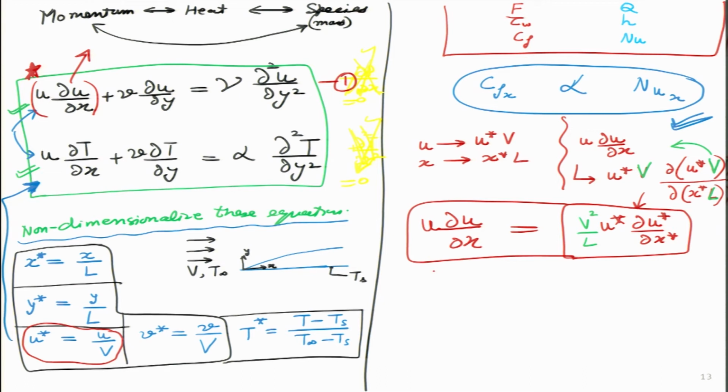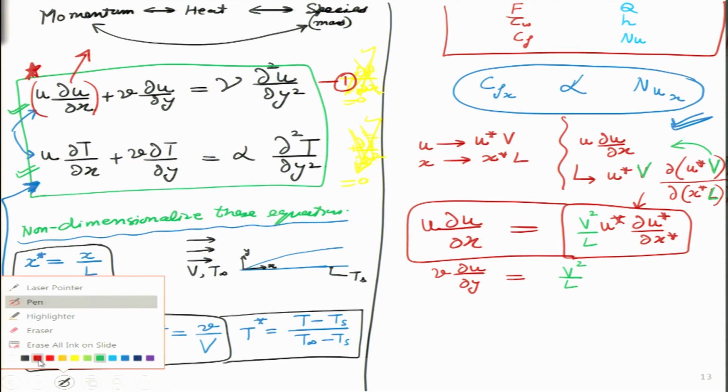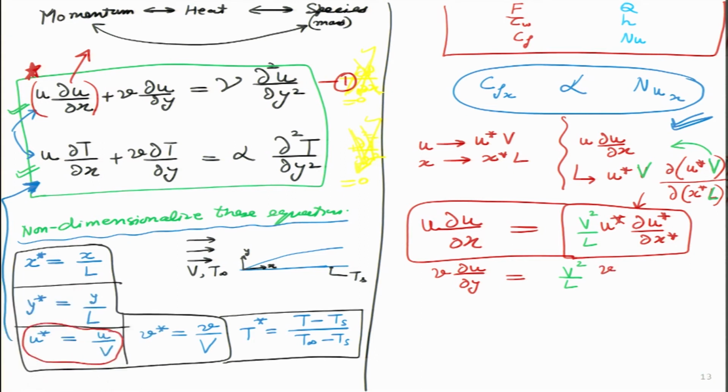Similarly, for v I can also do. So, v del u by del y simply becomes what? Again I will take out the constants over here, it will become V square by L, and what will remain is simply v star del u star by del y star, right. So, the second term I have also non-dimensionalized over here.